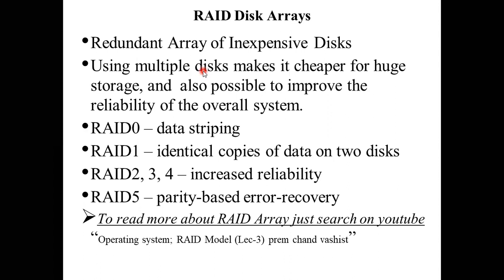Why are we using multiple RAID? For increased reliability. As I told you, maximum banking systems, railway systems, or systems of multiple companies like MNCs use this type of model. They generally use RAID model 2 or 3 or 4.